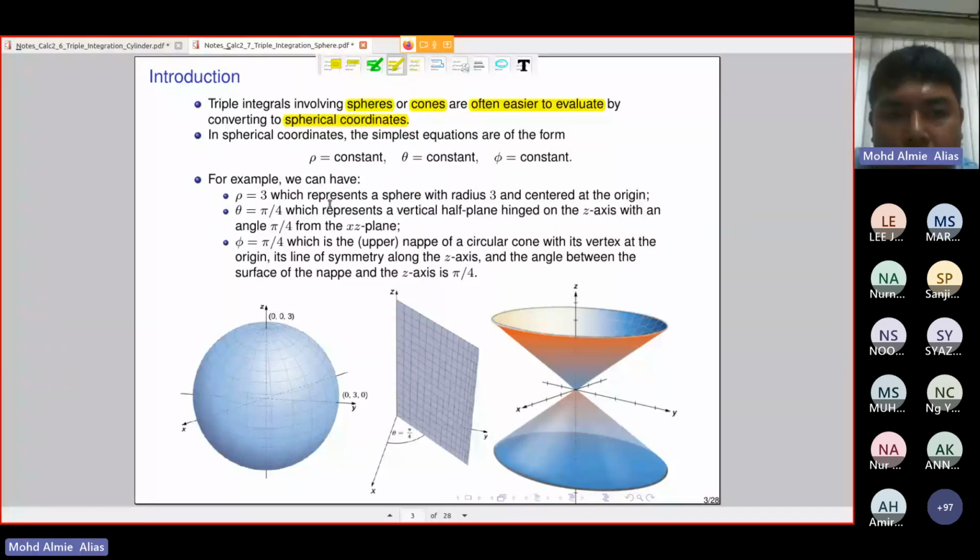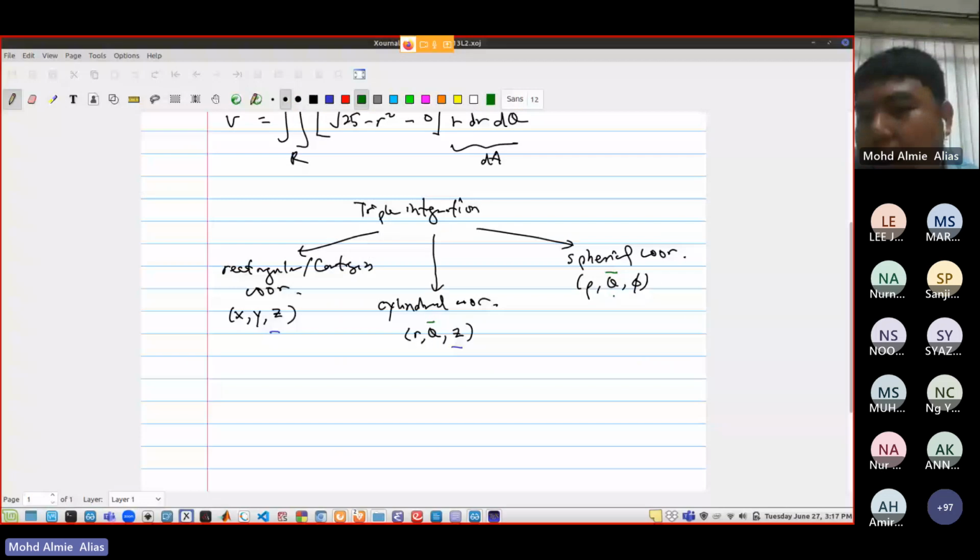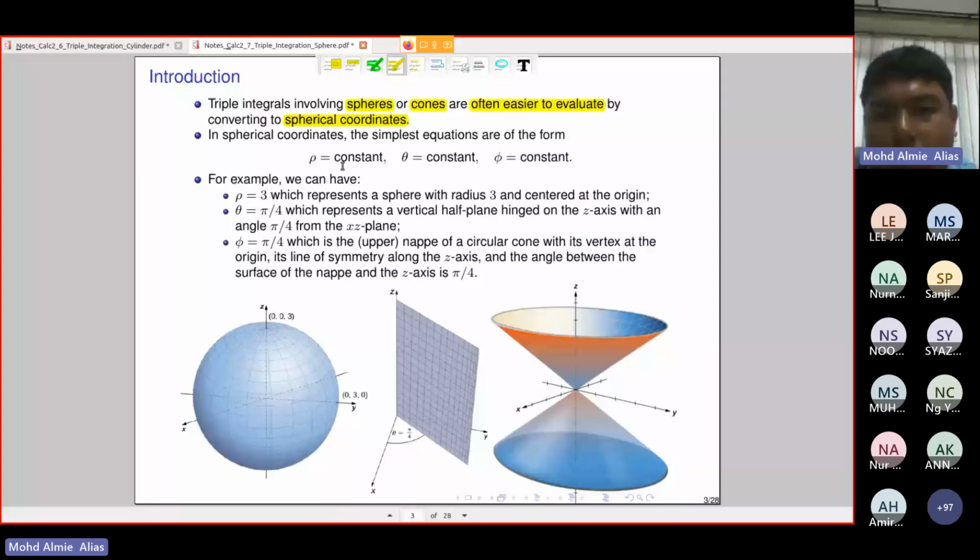Okay, so in spherical coordinates, the simplest equations are of the form, since we have these three quantities, of course, taking each quantity to be constant. So here we have rho equals a certain constant, theta a certain constant, and phi a certain constant.